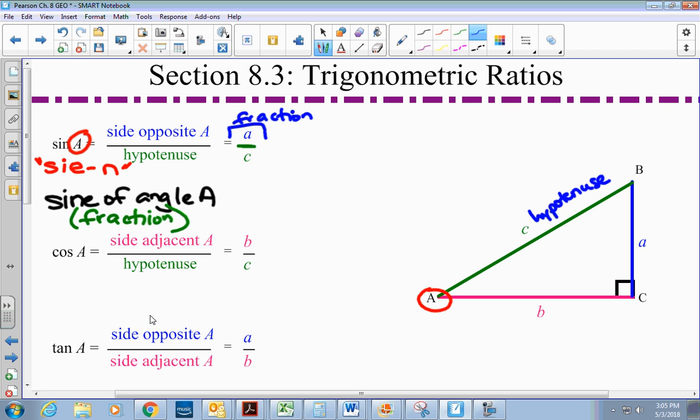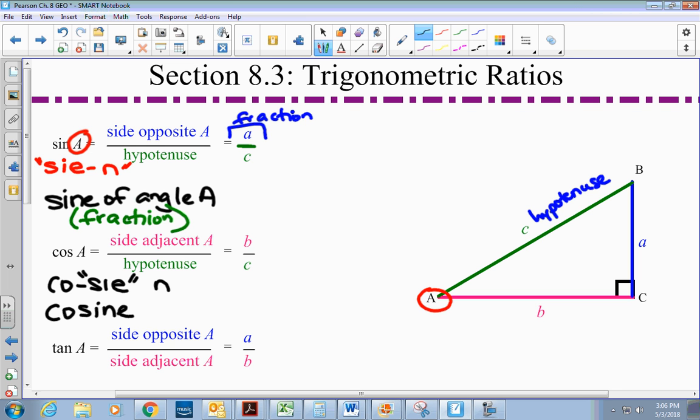So the second trigonometry fraction that we put together is called a cosine. Do I have to write the word out? If you want to write cosine, okay, but it's abbreviated as COS, and we usually say cosine.